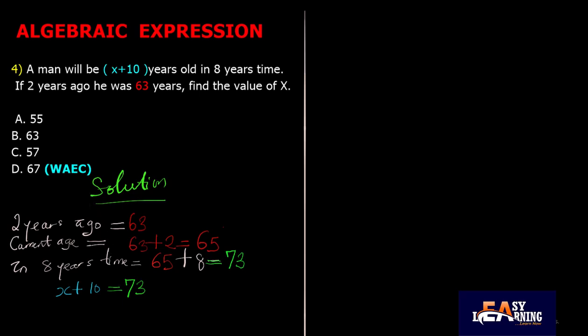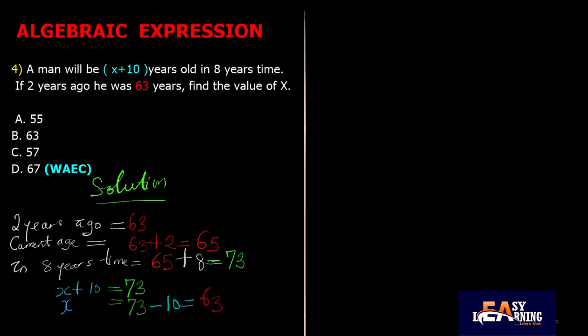So x will be equal to 73 minus 10. The 10 will move over, and from plus it becomes minus 10, which will give us 63.